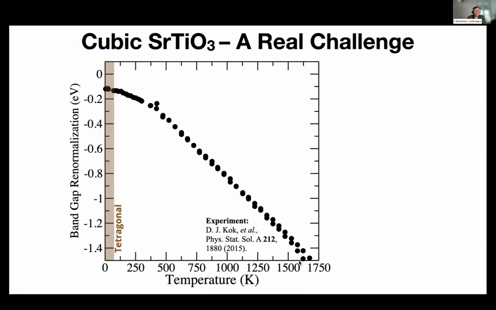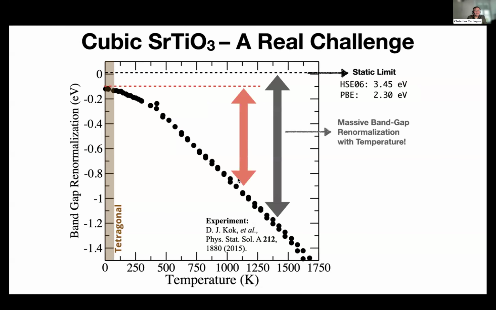These are experimental results up to very high temperatures, and they show a massive renormalization, a massive change of the electronic structure and of the band gap with temperature, up to 1 eV and more if you get to 1000 Kelvin and more.